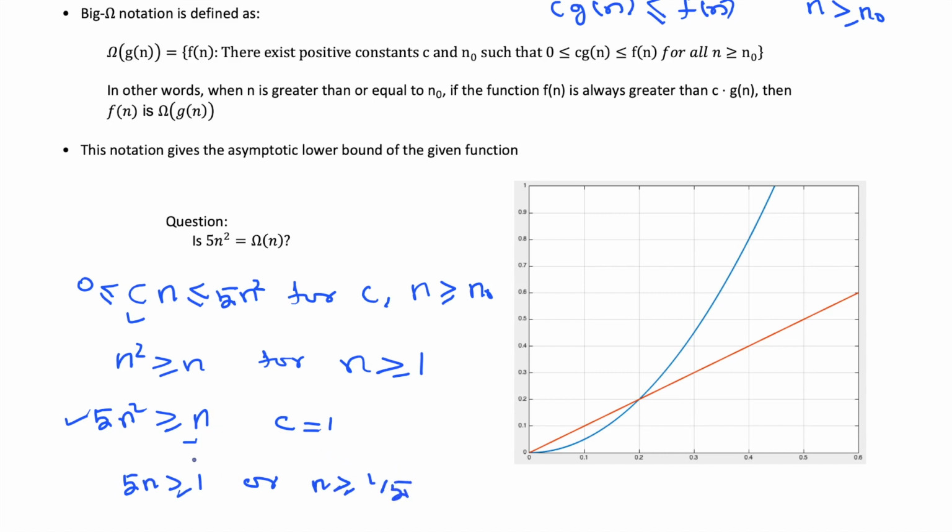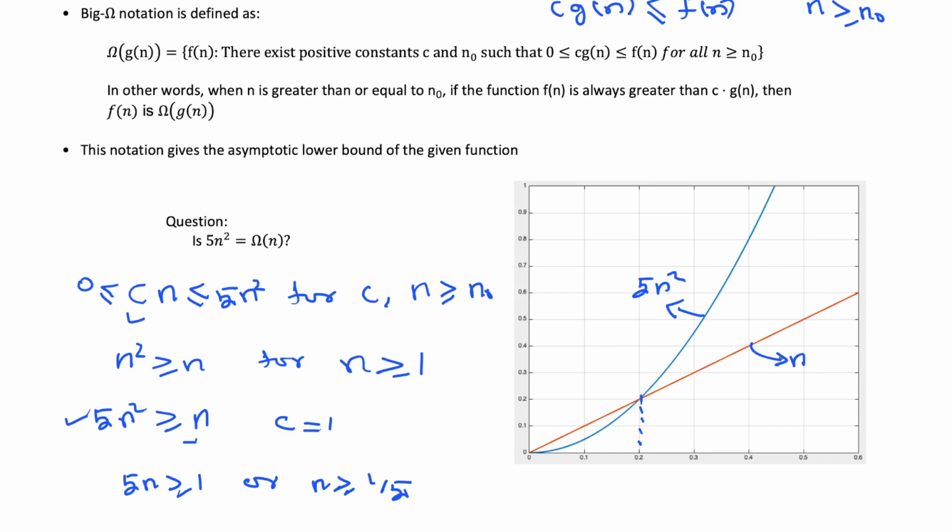Which means that for n greater than or equal to 1/5, the value of 5n² will always be greater than n. So the function n is a lower bound for 5n². If you look at the graph, this is the graph for n and this is the graph for 5n², and you can see that after the value 1/5 or 0.2, 5n² is always greater than n.